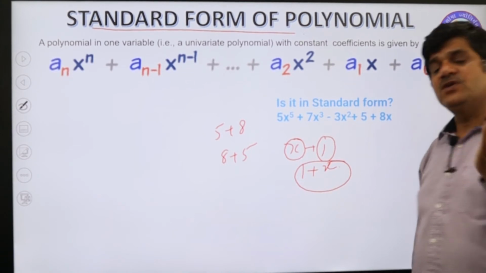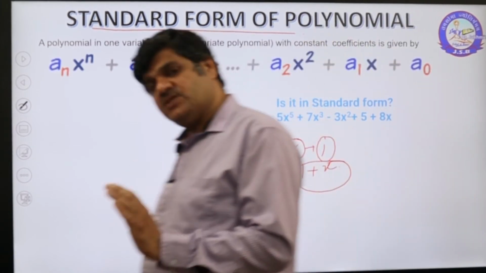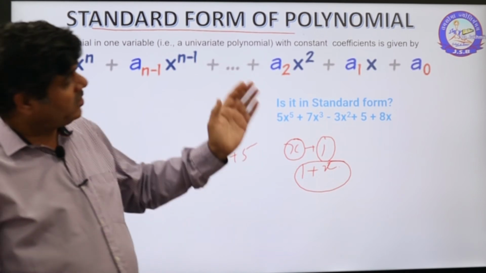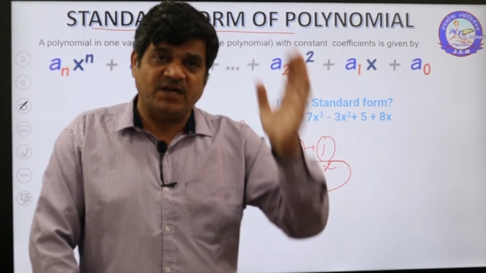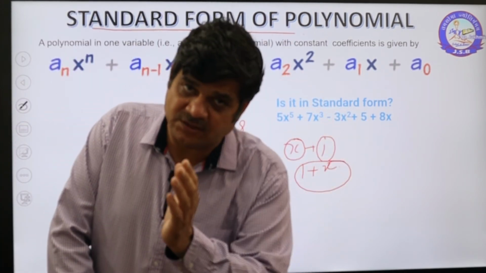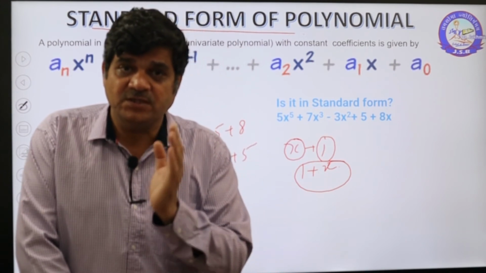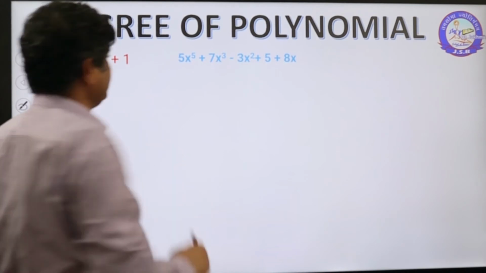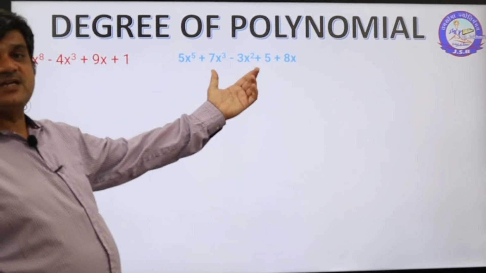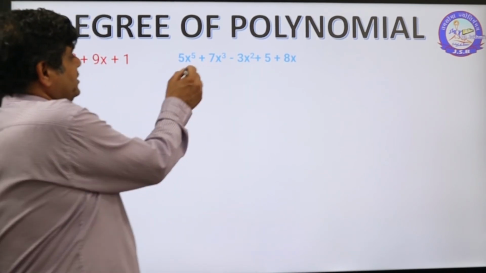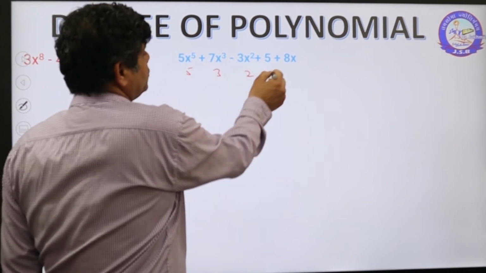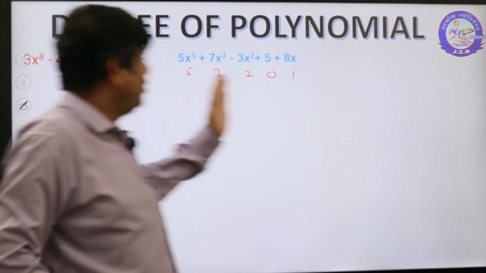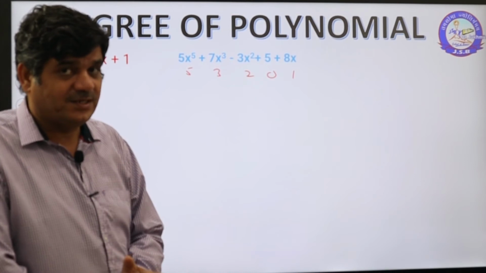Standard form means you write the polynomials in such a way that all the terms are written in the descending order of their degree. Let us have an example. Is this in standard form? If you look at degrees 5, 3, 2, 0, 1. Are all these exponents or degrees in descending order?